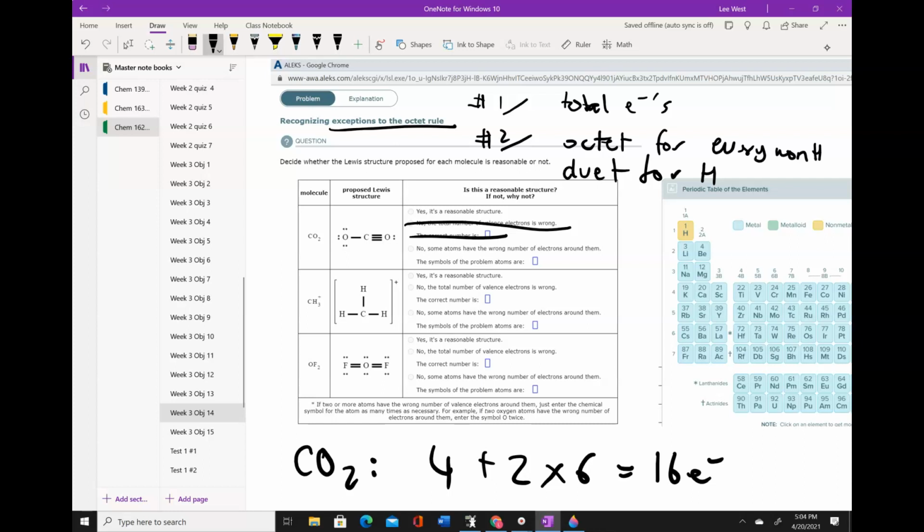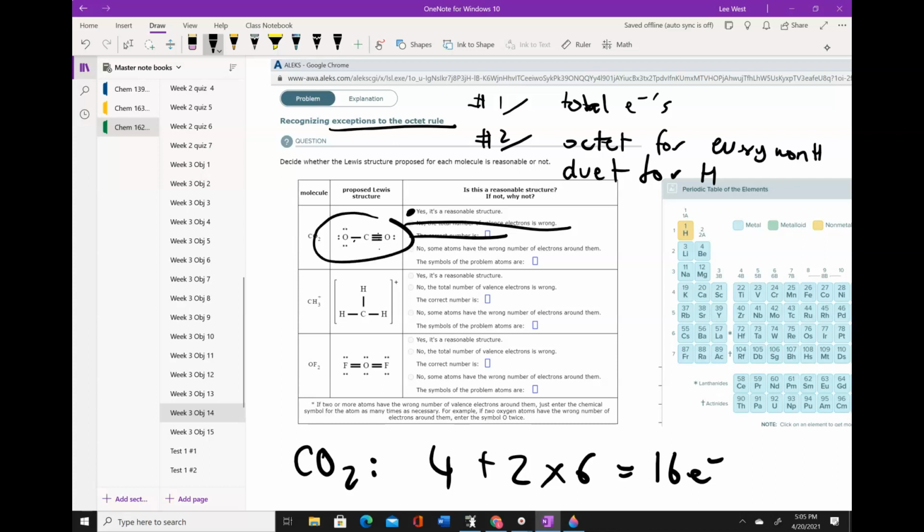What about the oxygen on the right? 2, 4, 6, 8. The oxygen on the right seems to have the correct number of electrons. What about the carbon in the middle? 2, 4, 6, 8. They all seem to have the correct number of electrons. So everything there has the correct number of electrons.